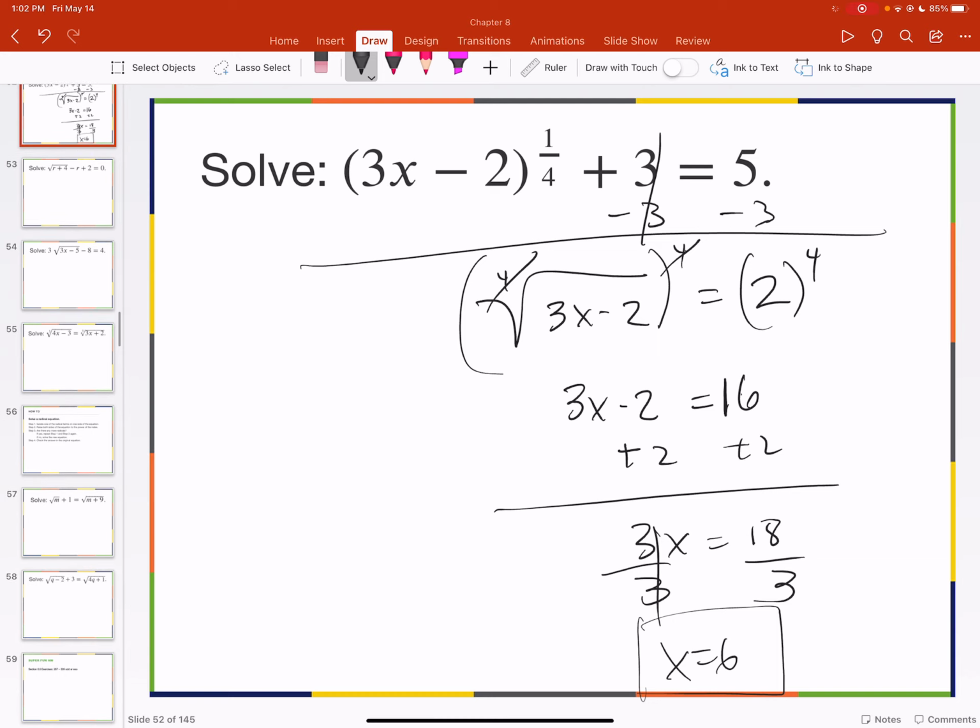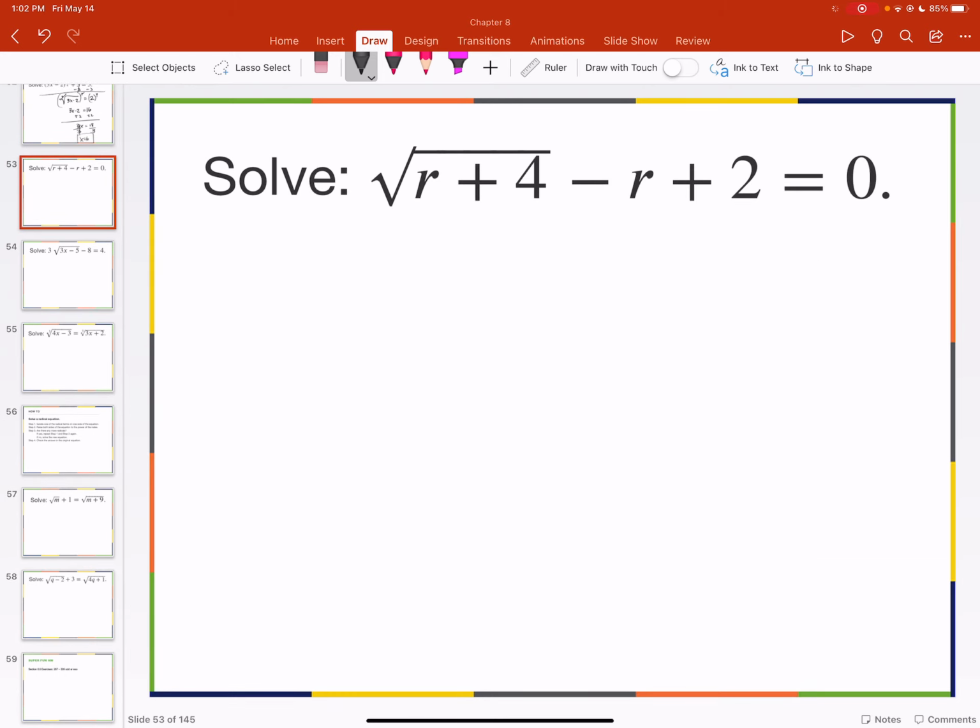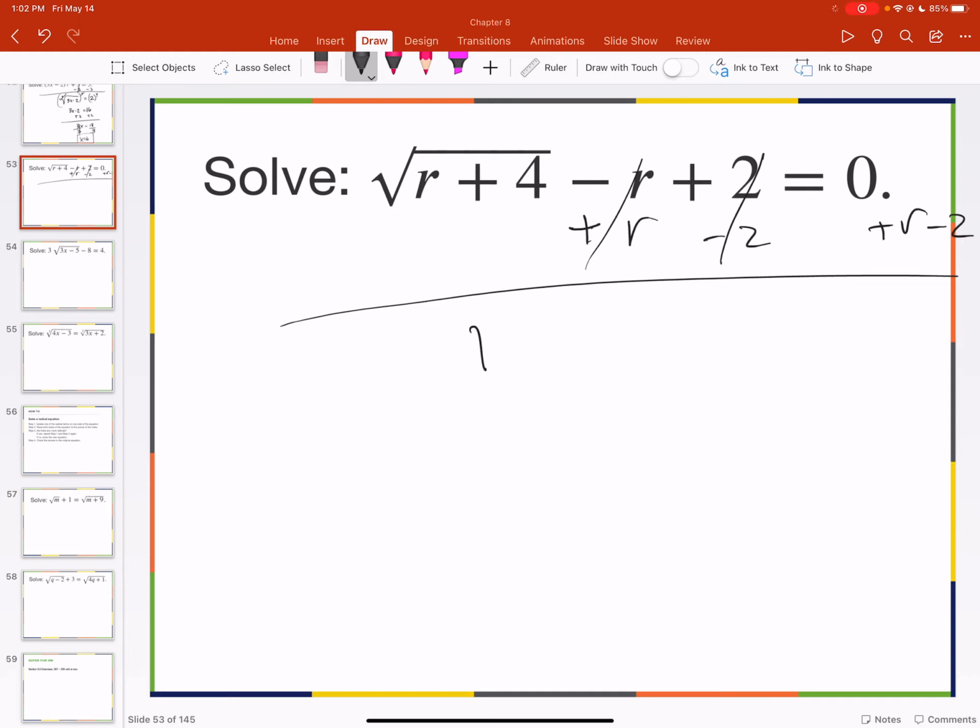Okay, let's do another one. The square root of r plus 4 minus r plus 2 is equal to 0. We're going to isolate the radical by moving everything else to the other side, using, of course, the addition and subtraction properties of algebra. So r minus 2 is on the right-hand side, and on the left-hand side is the radical.